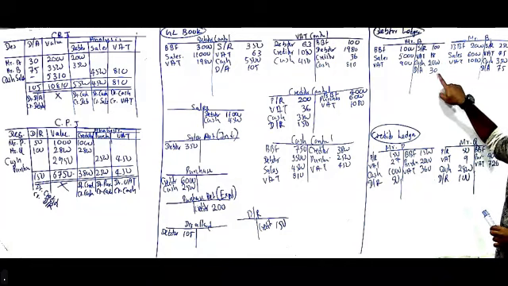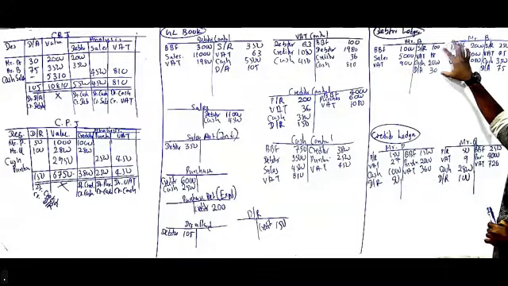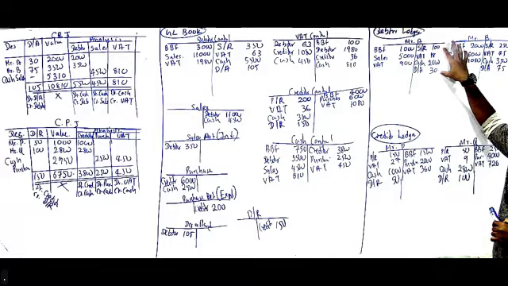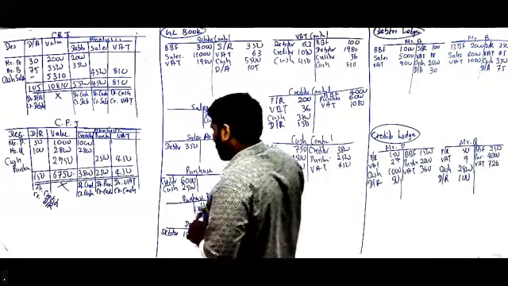What's the balance? 4752. 6,900 minus this amount, 4752. Correct? So we have decided to write off.